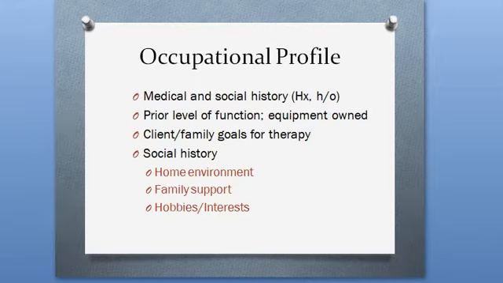The only one I can think of where you might actually be writing an occupational profile in paragraphs is some pediatric evaluations, such as the sensory integration evaluation, at least when I did it some 10 years ago, where you did write out an occupational profile.